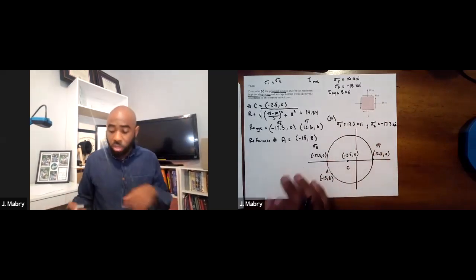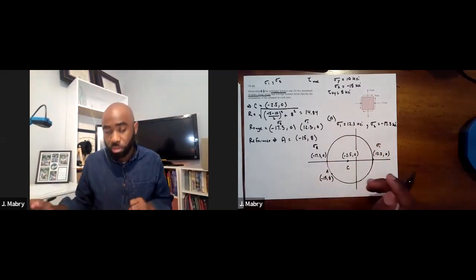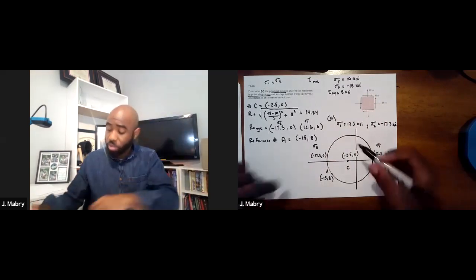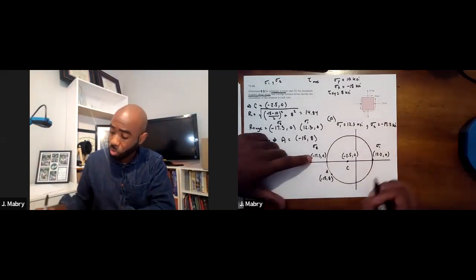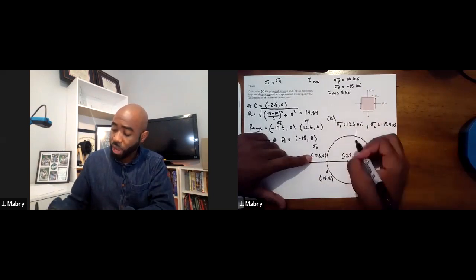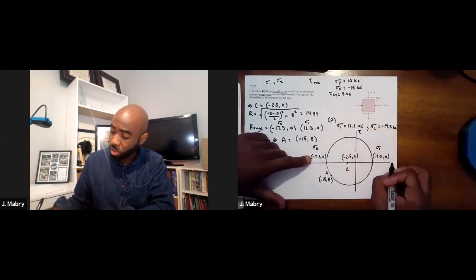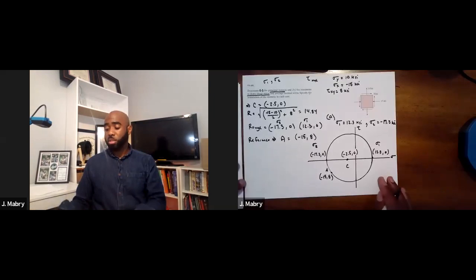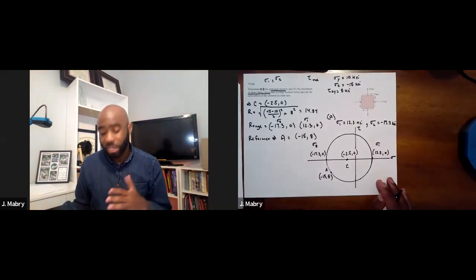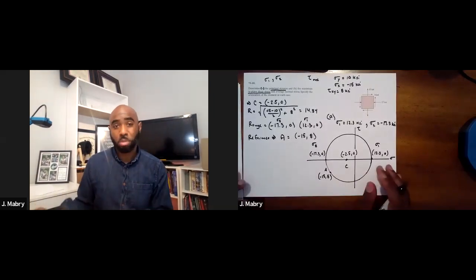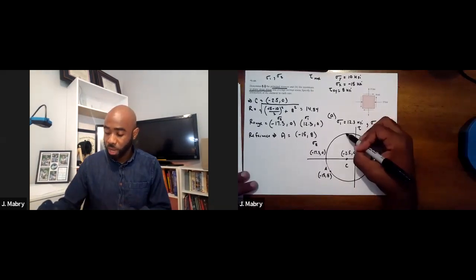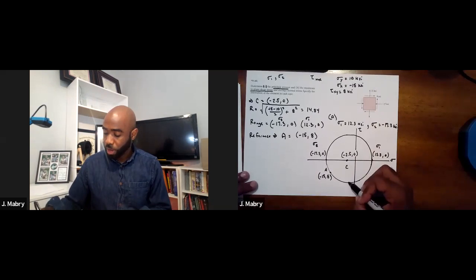And then part B, it says the maximum in-plane shear stress. So let's get this right. Where is the shear stress? If this vertical axis refers to our shear, and this horizontal axis refers to our normal stress, where will we find the maximum amount of shear stress? It will be either here at the top or at the bottom.